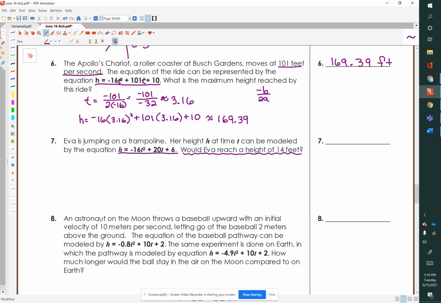So first we need to find what we normally call the x value in the vertex. So we're going to do our negative b divided by 2a. So in this case, we're calling it t equals, so our b is 20, so negative 20 divided by 2 times negative 16, which simplifies to 20 over 32, because negative divided by negative is a positive, which simplifies in decimal terms to 0.625.